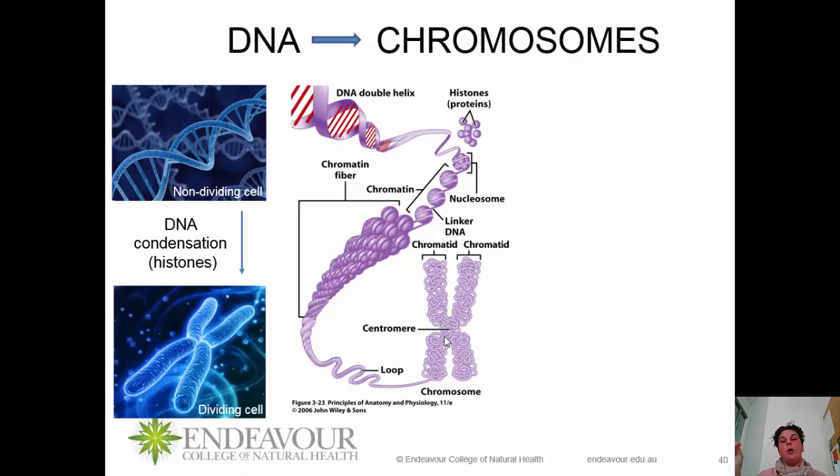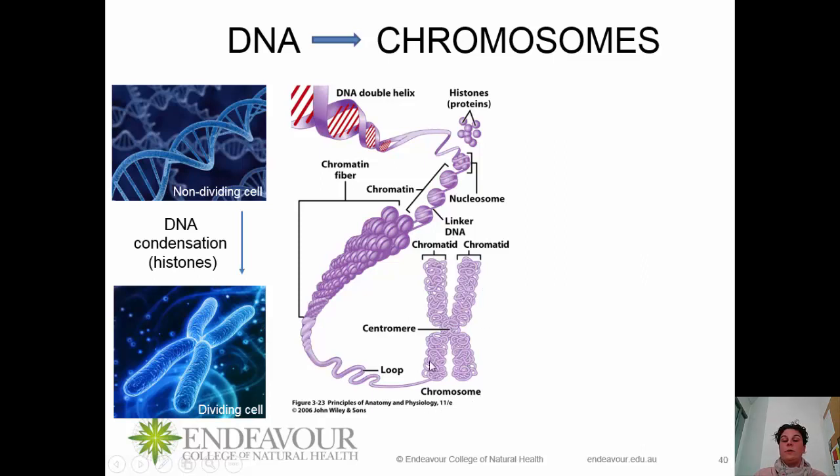You're going to need to know both of those terminologies because we're going to need them for when the cell divides. One part of the chromosome is called a chromatid. So you have two sister chromatids in one chromosome.